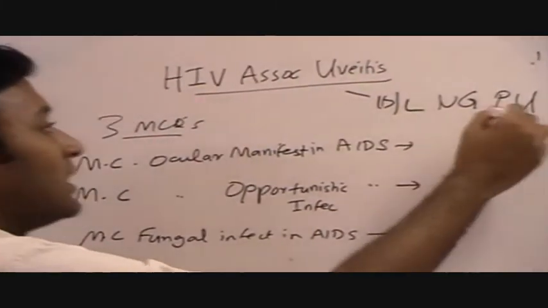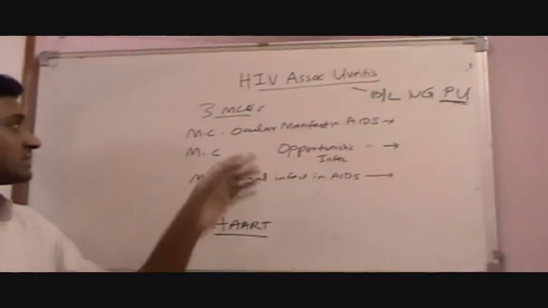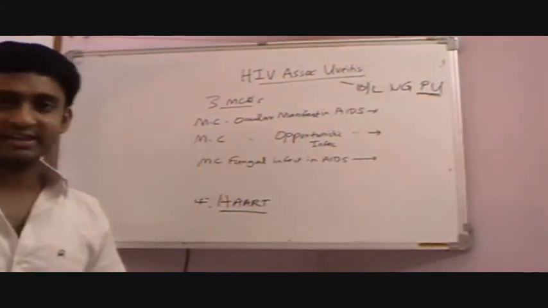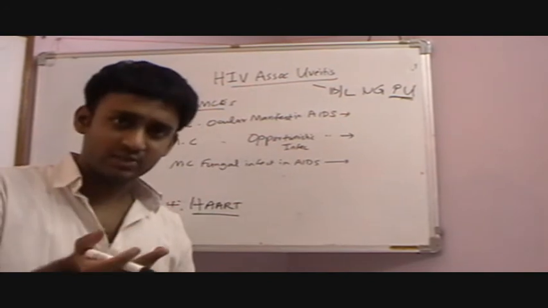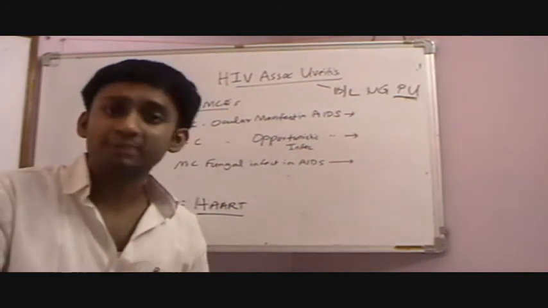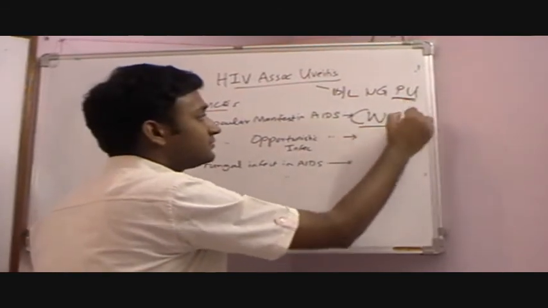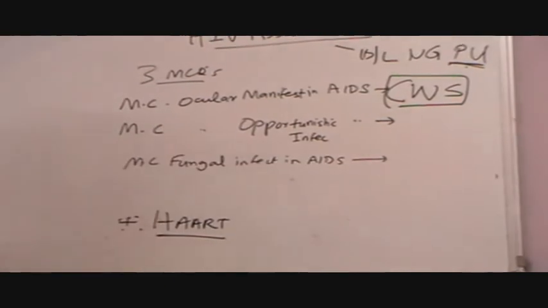There are 3 MCQs associated with this topic. First, they ask what is the most common ocular manifestation in AIDS? There is going to be involvement of retinal vessels, what we call retinal microangiopathy, thereby forming cotton wool spots.